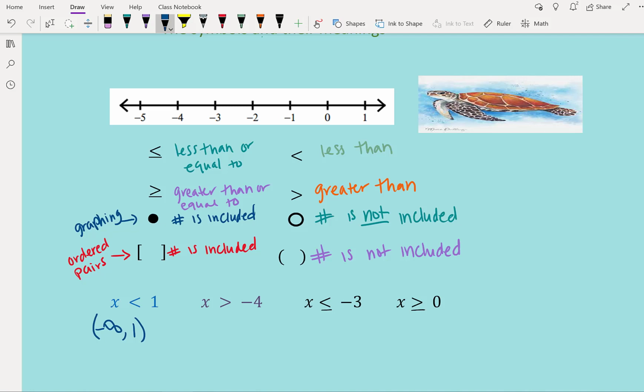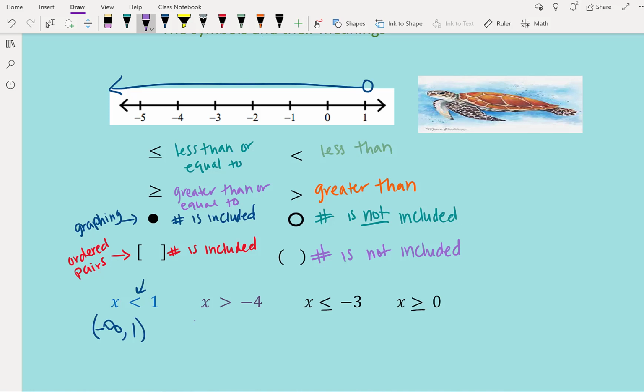But so to graph this one, if we have positive 1, this symbol here is going to tell me that it is an open circle because it is not included, and it's all of the values that you could possibly have that are smaller than 1. So I'm going to draw an arrow to represent everything smaller than 1. All right, so this next one, x is greater than negative 4.